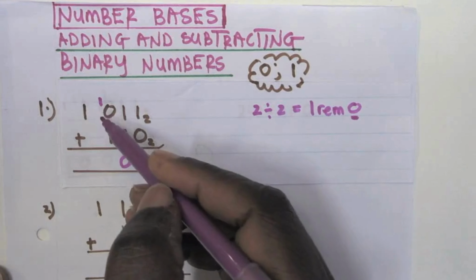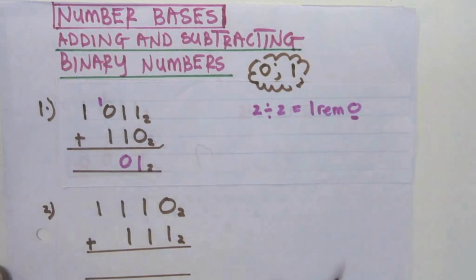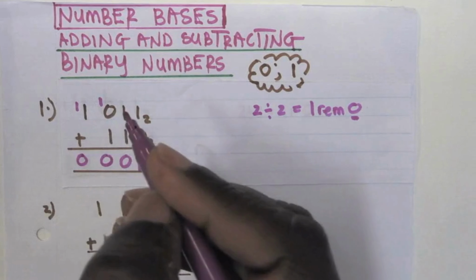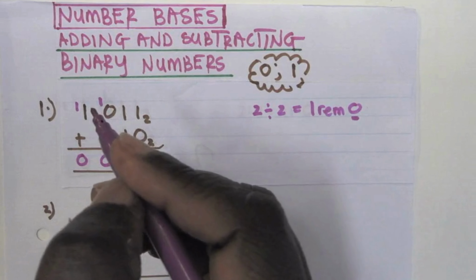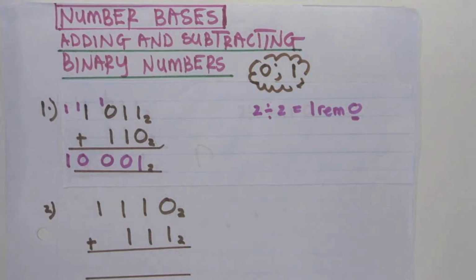If I add again, 1 plus 1, I get 2, and 2 is not in base 2, so I say 2 divided by 2, I get 1, remainder 0. I write the 0 here, then I carry the 1. 1 plus 1 gives me 2, I write 0, and then I carry 1, and this is going to be my final answer.